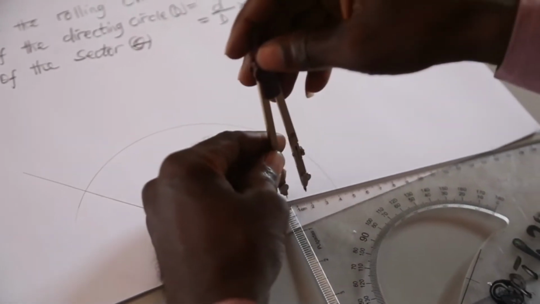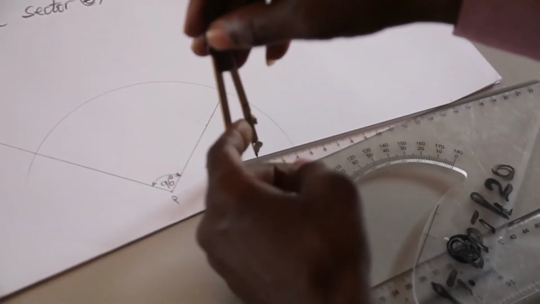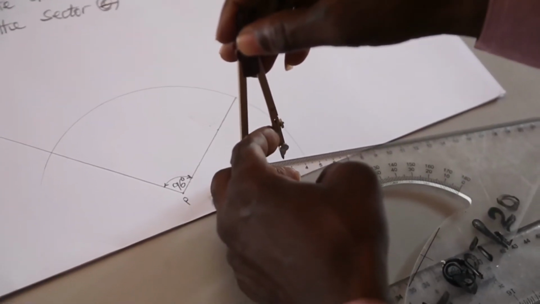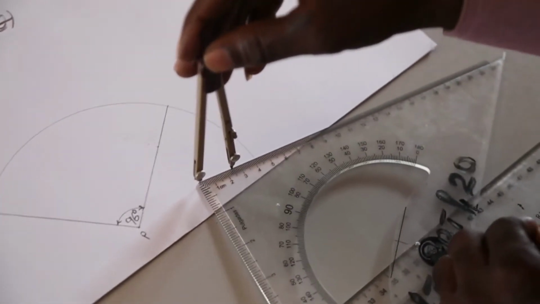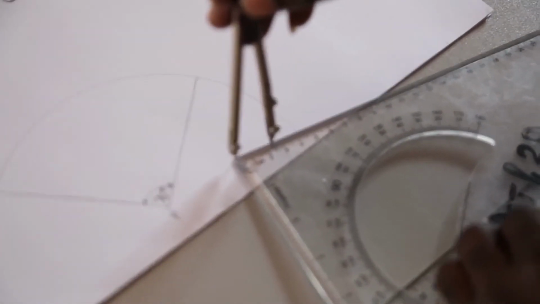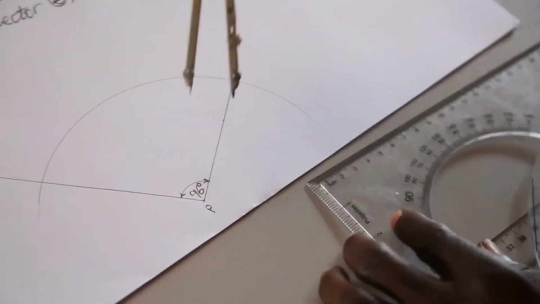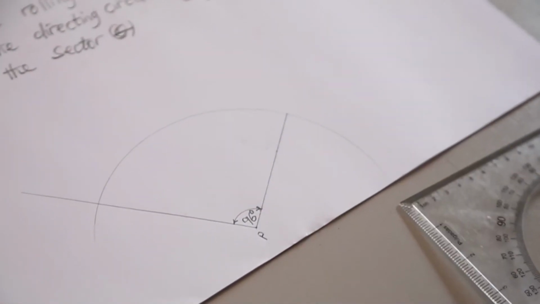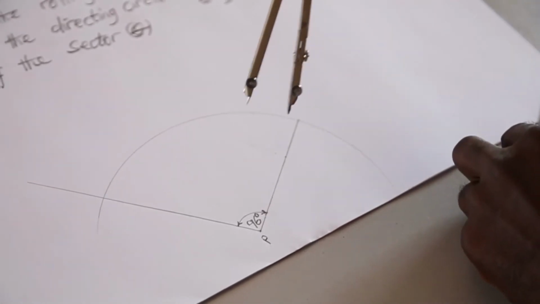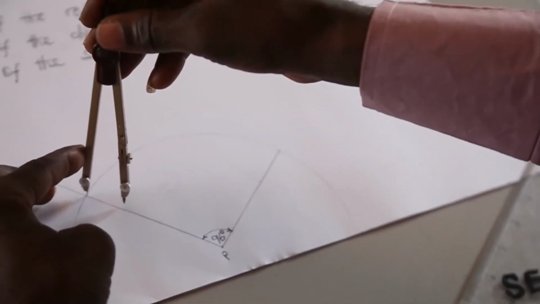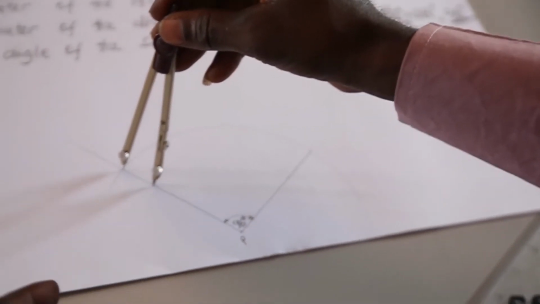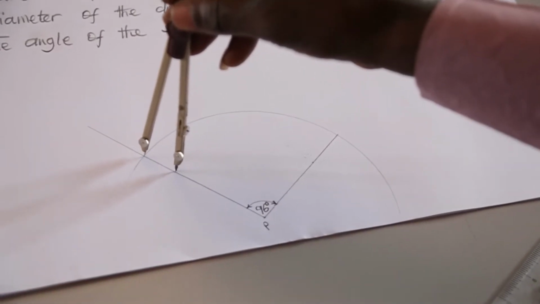So on my scale, let me measure my 24. Yes, I have my 24 here. Right. It's 24. Okay. So let me, first of all, place my compass here and mark off the center of the rolling circle here.